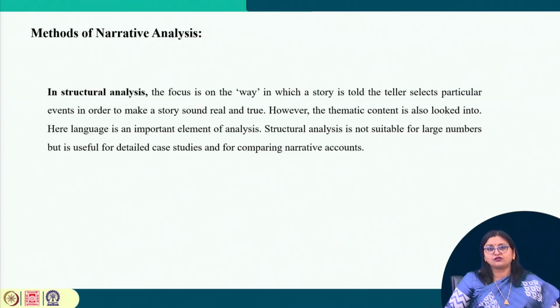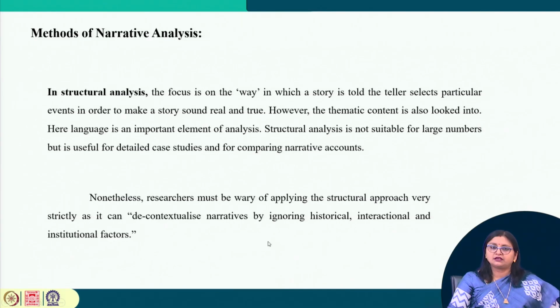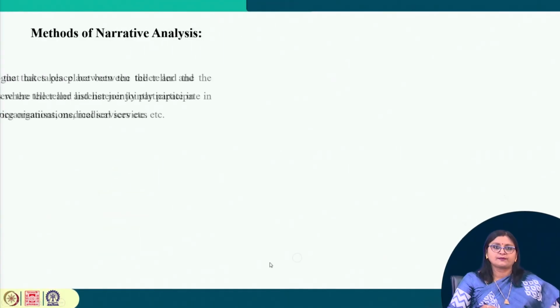Structural analysis is not suitable for a large number of respondents, but it is useful for detailed case studies and for comparing narrative accounts. Nonetheless, the researcher must be wary of applying the structural approach very strictly, as it can decontextualize narrative by ignoring historical, interactional and institutional factors in the research.